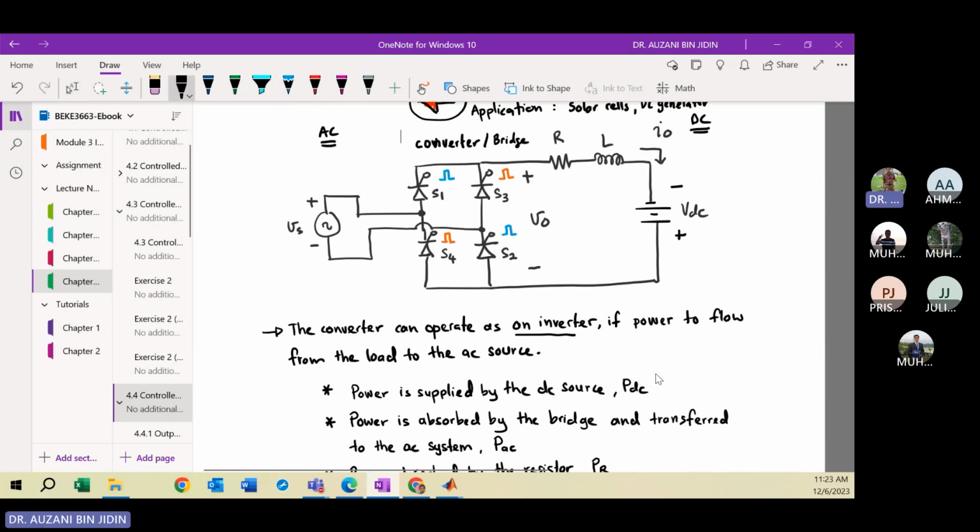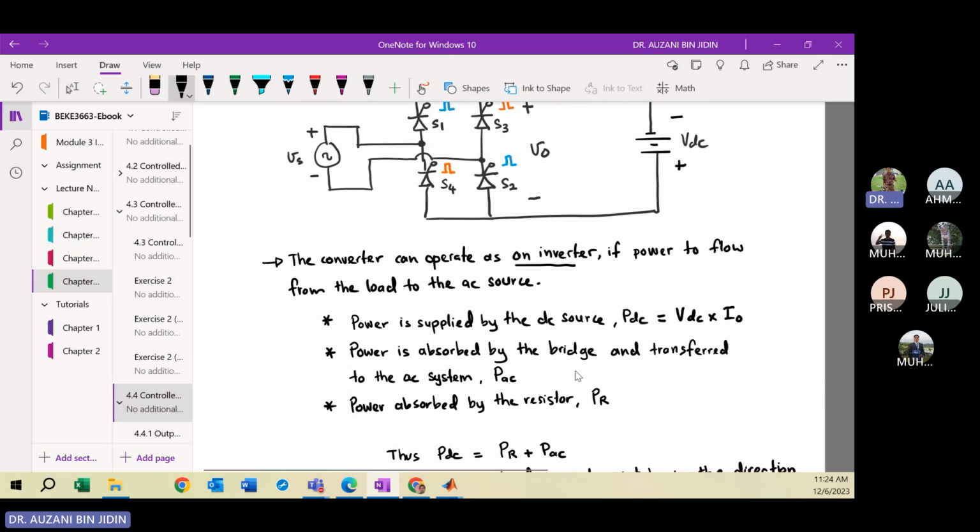So PDC, the power supplied by the DC source, is equal to the multiplication between the DC voltage and IO. Remember, your IO is the output current. Then the power must be absorbed by the bridge and transferred to the AC system.